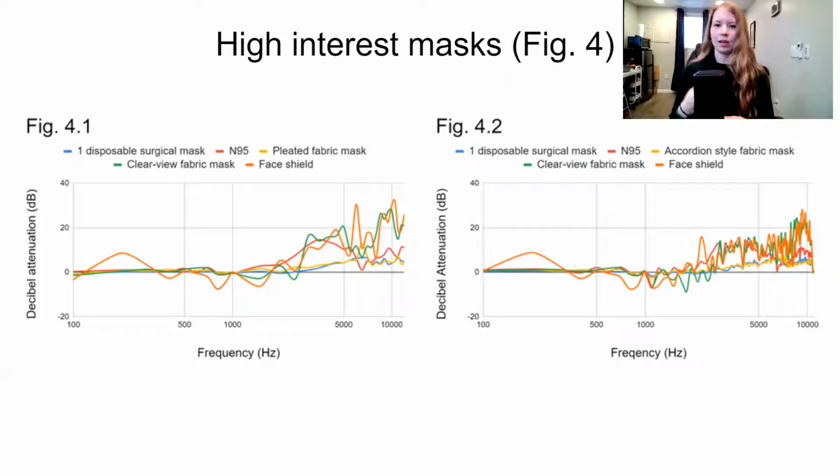As most of my results are relative, except for a data table at the end, these results are simply comparable to themselves. So, for example, the face shield and Clearview fabric mask attenuated the most out of this data set, and N95 in the middle, and then pleated fabric mask and 1 disposable surgical mask are about the same.